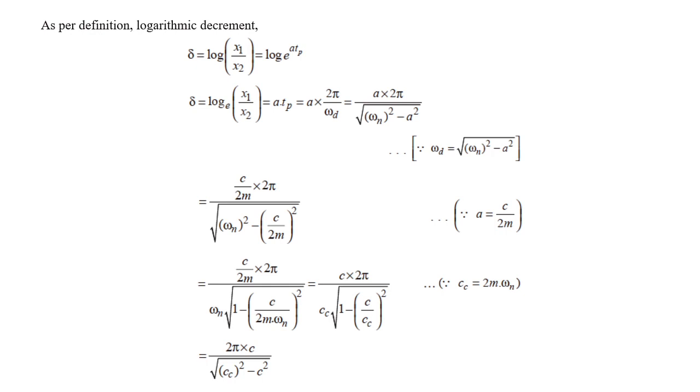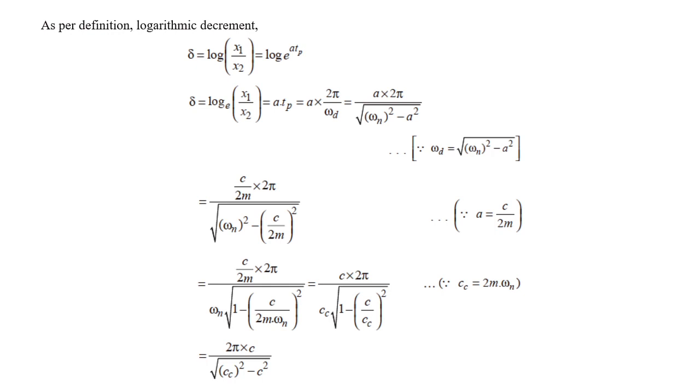What is omega d? It is a circular natural frequency of damped vibration. Omega d is equal to square root omega n square minus a square. Now putting the value of constant a as c by twice m, and doing some calculation, we will get delta is equal to twice pi into c divided by square root cc square minus c square.